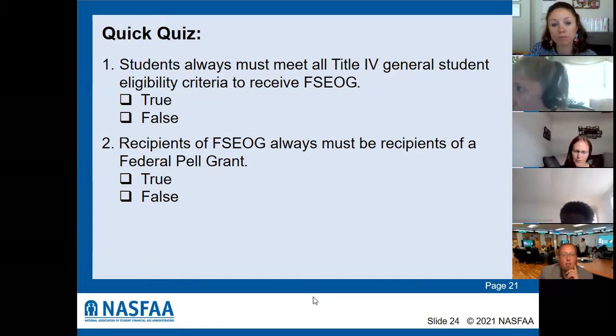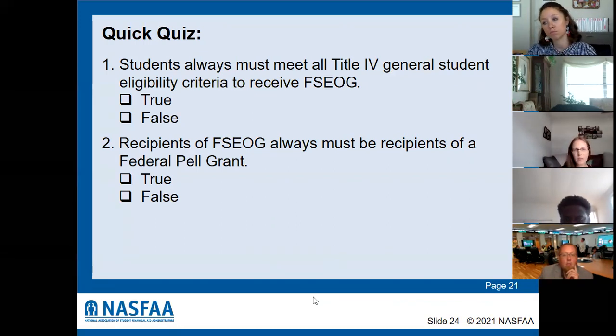The exception is for those students with intellectual disabilities in that CTP program. But otherwise, yes, they have to meet all the Title IV general eligibility criteria. Recipients of SEOG always must be recipients of a federal Pell Grant. False. Great, that's correct.